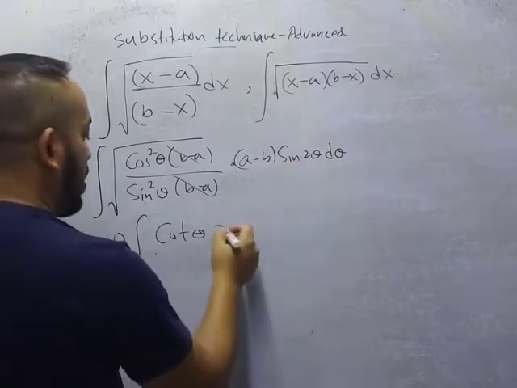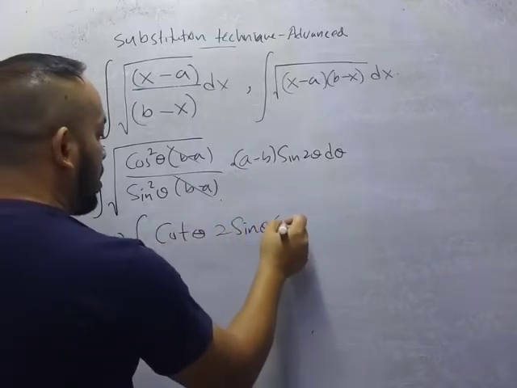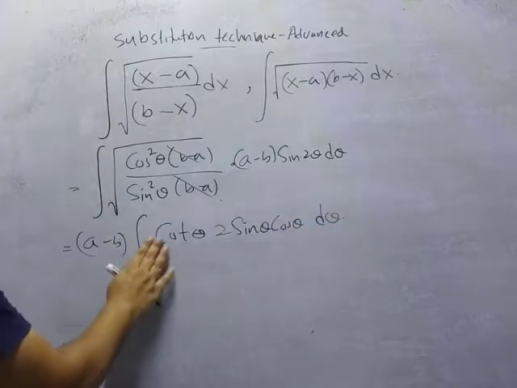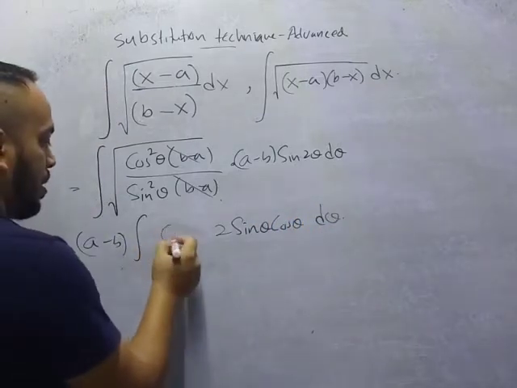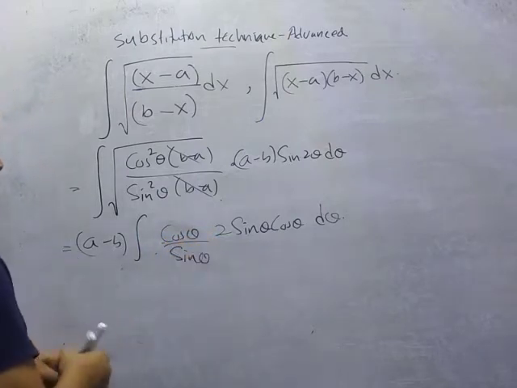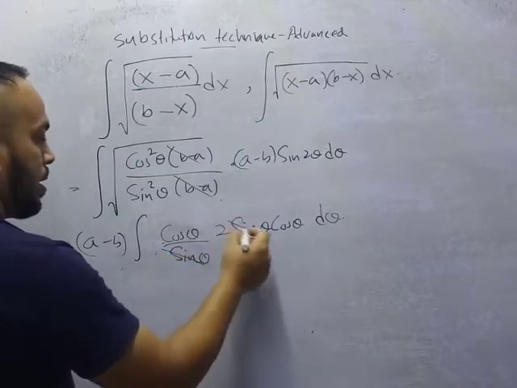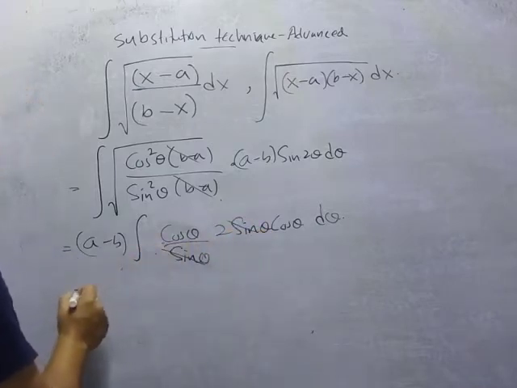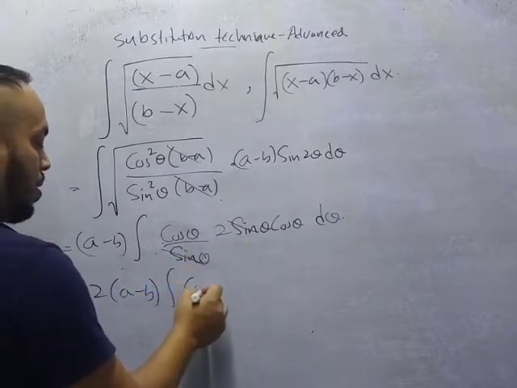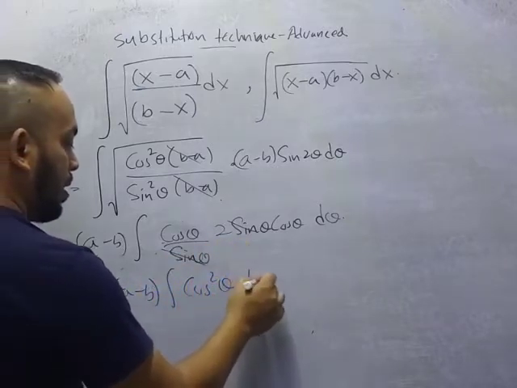Then sine 2 theta is 2 sine theta cos theta d theta. So cot theta is actually cos theta divided by sine theta, so let me replace it. Now we can see that sine theta cancels out. Then we bring 2 in front, a minus b, this would be cos square theta d theta.